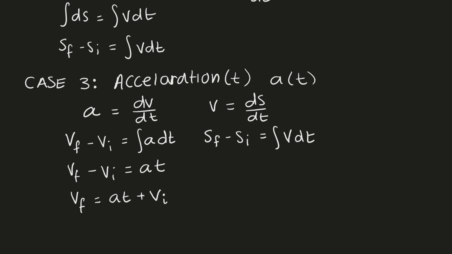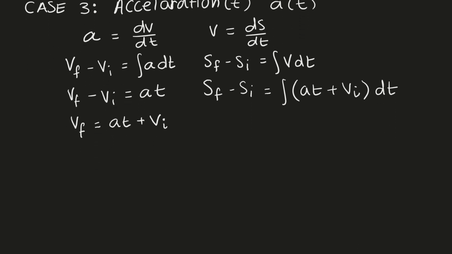Well, if we plug in the v that we previously found by assuming that a is a constant into this equation, we'll obtain the following. s final minus s initial equals the integral of at plus vi dt.